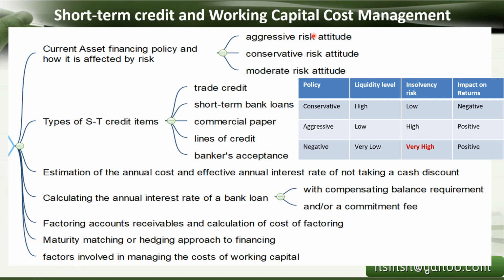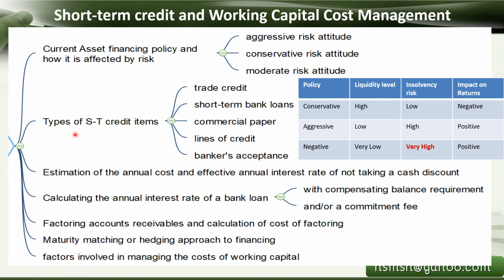Whether the company has an aggressive, conservative or moderate risk attitude, because this table will evolve based on the policy only. We understand policies like conservative policy and aggressive policy, what will be the impact on the liquidity level, what will be the insolvency risk level, and what will be the impact on the returns.